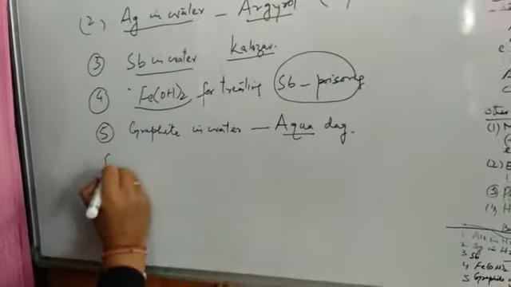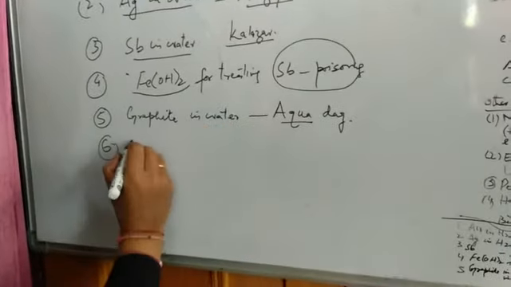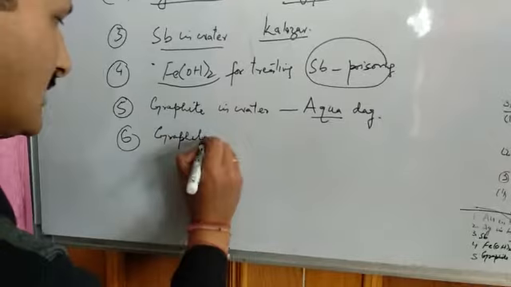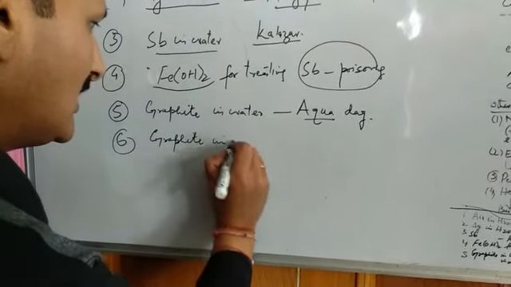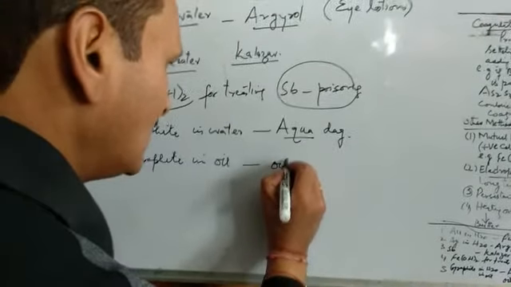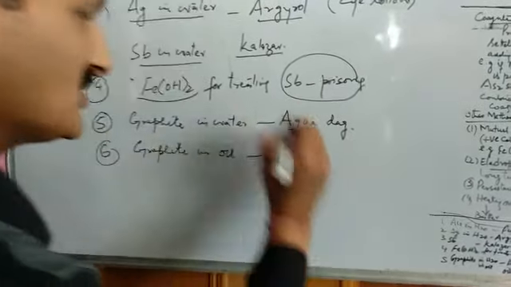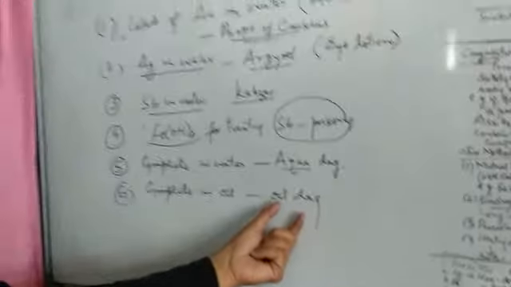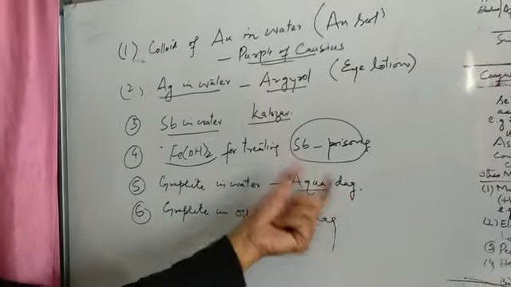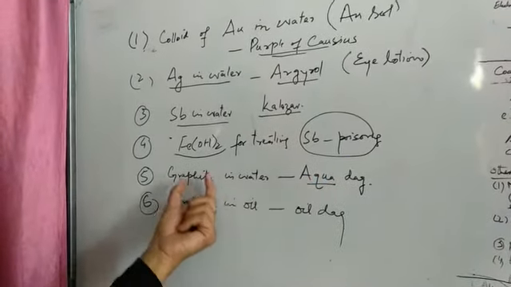But if instead of water we have oil, then it becomes another colloid, graphite in oil colloid. Such a colloid is also known as oil dag. So oil dag is a colloid of graphite in oil, and aquadag is a colloid of graphite in water.